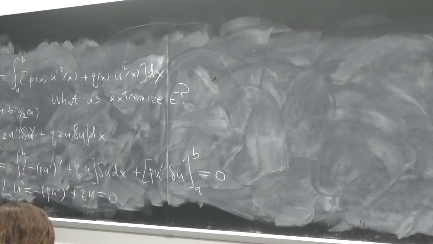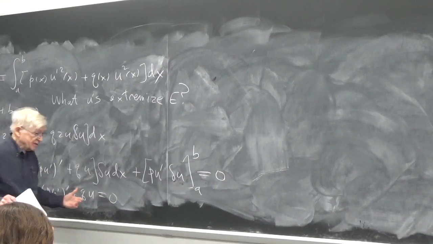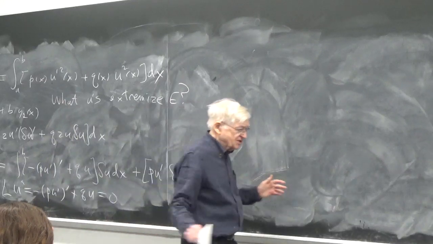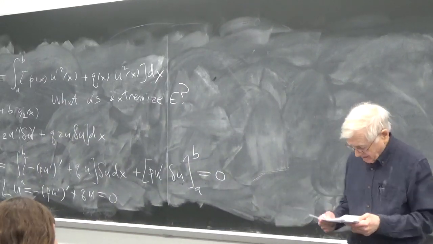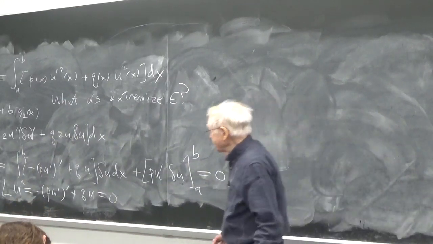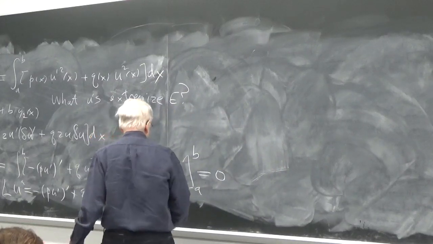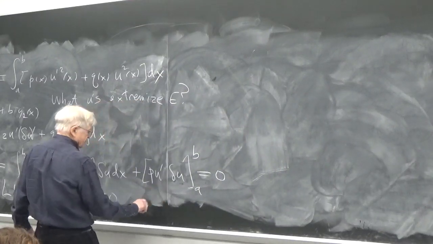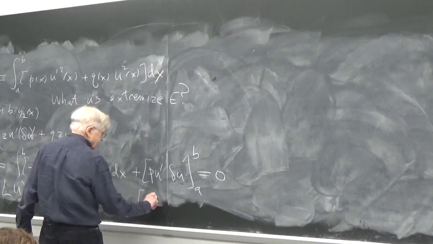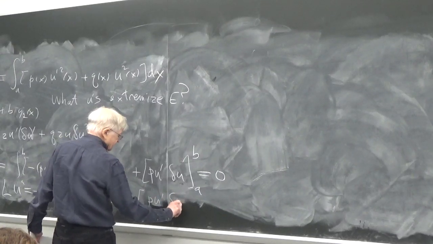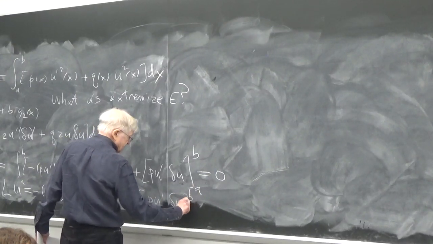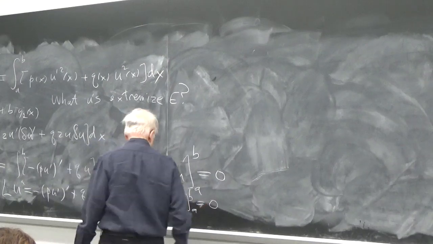If, on the other hand, you say that E has to be stationary, not simply with respect to all U's that vanish at the endpoints, but with respect to all tiny changes in U's, whether or not they vanish at the endpoints, then we get this differential equation plus the boundary condition that P U prime delta U evaluated between B and A should vanish.